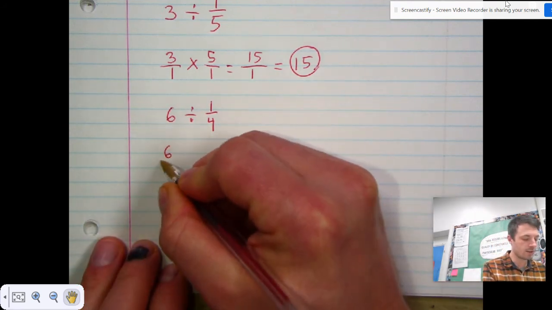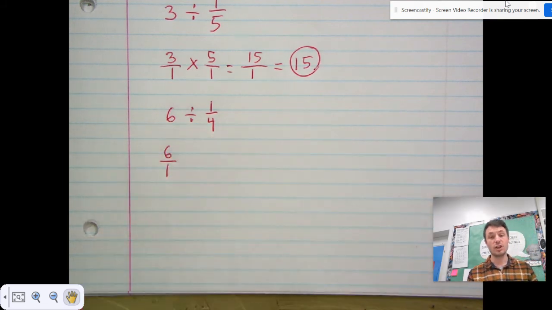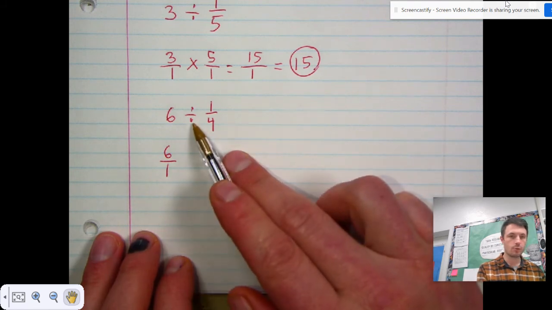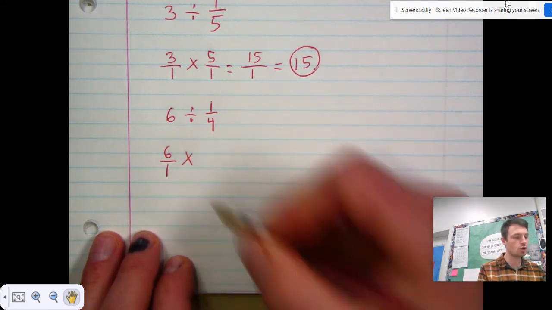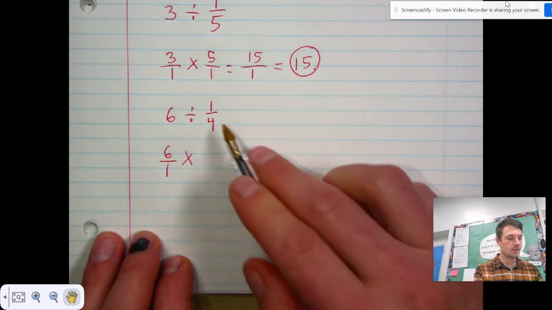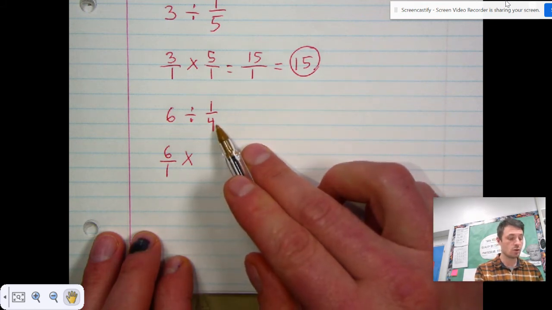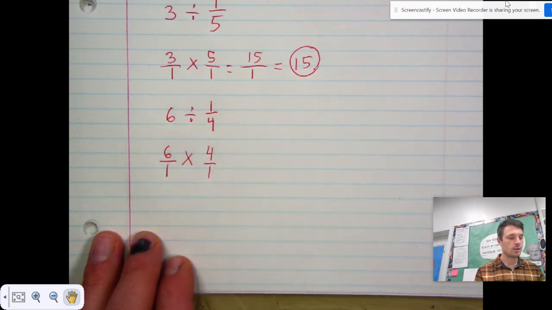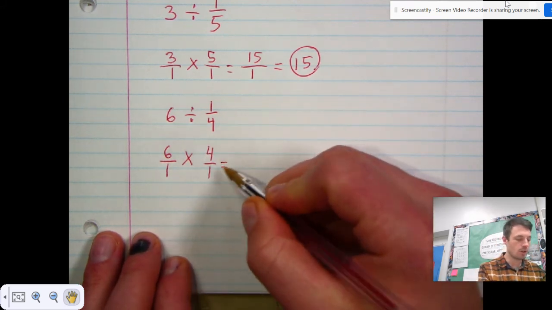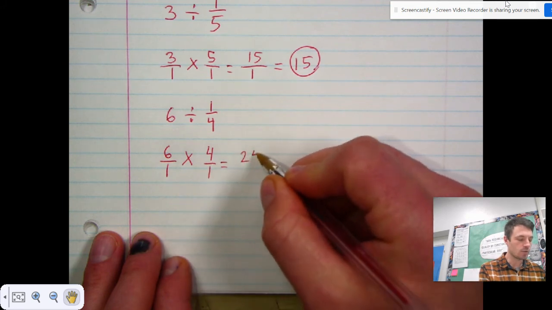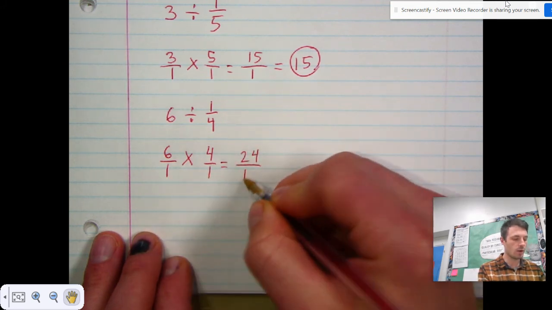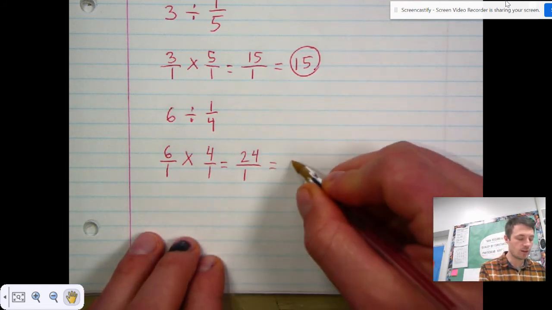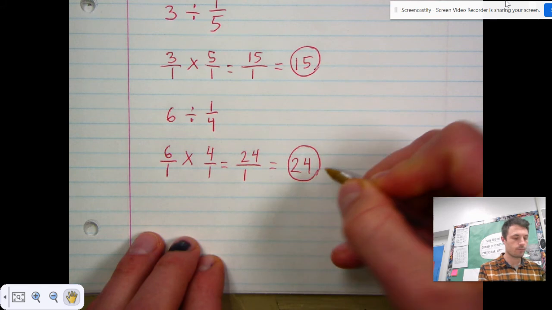So we rewrite 6 as 6 over 1. And remember, that doesn't change the value. It just puts it in fraction form. Step 2 is reverse the operation from division to multiplication. Step 3 is flip the second fraction. So we rewrite 1/4 as 4 over 1. Step 4, multiply normally. 6 times 4 is 24. 1 times 1 is 1. Step 5 is simplify. 24 over 1 simplifies to 24.